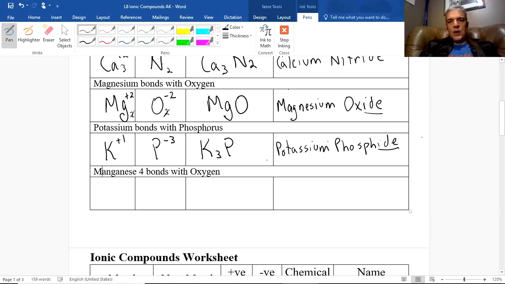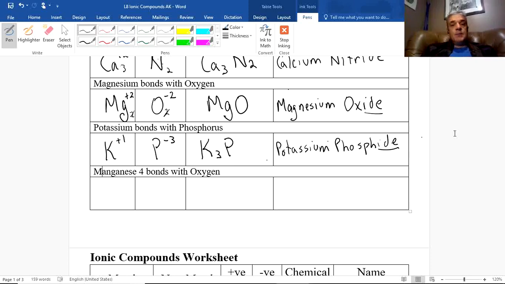Now, we dropped the orus and put "ide" on the end, so phosphide. Some student wrote phosphorus, phosphoride, I'd probably give it to them if they put the OR in there. It's not a problem, but eventually you will learn for each of these things what gets dropped off and what doesn't. It's not the end of the world.